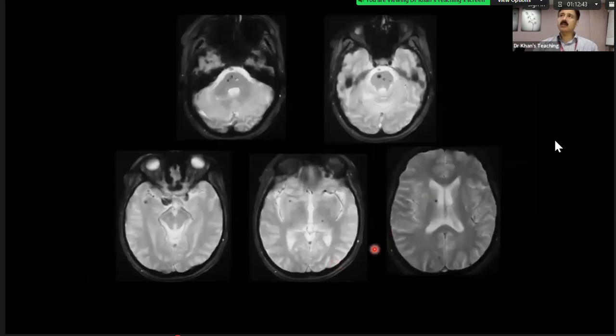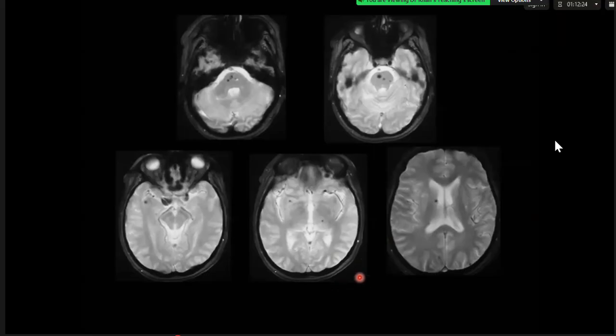Now, candidate 5, I am showing you this T2 star sequence in a case. The patient's age is 69. What are your findings, and what is your differential for this? So on the selected axial images, I can see that there are multiple foci of low signal scattered throughout the pons, as well as both cerebral cortices.